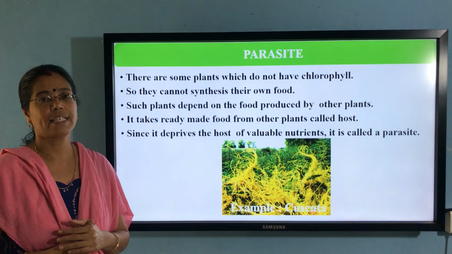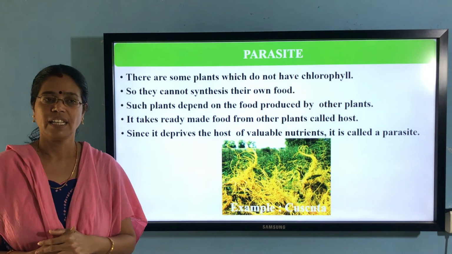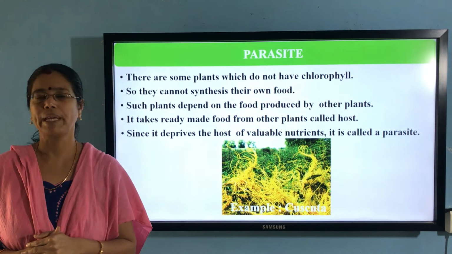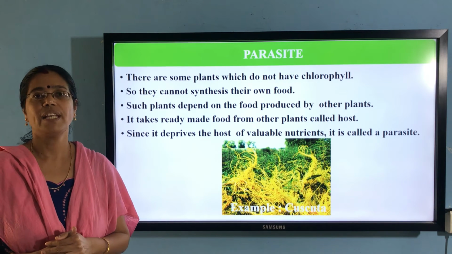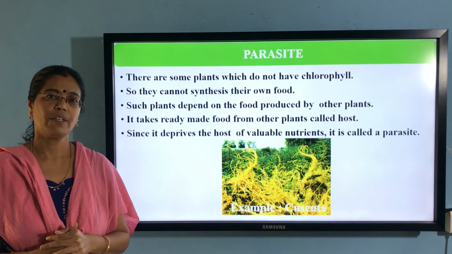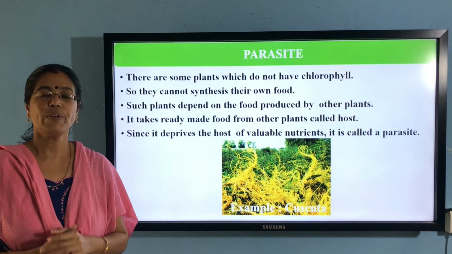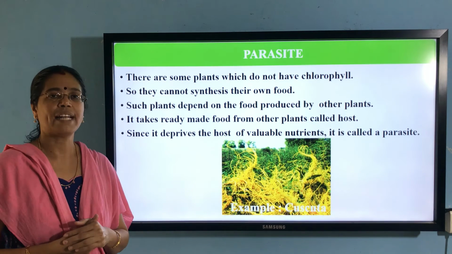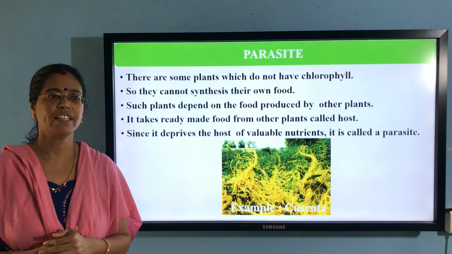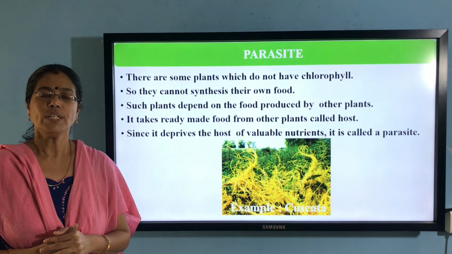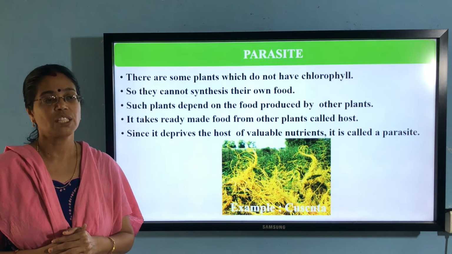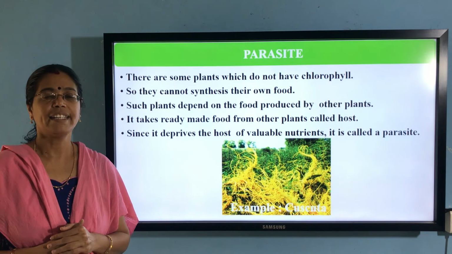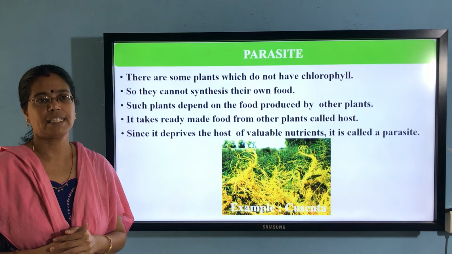The next type is parasite. Some plants do not have chlorophyll pigment in them. You all know the chlorophyll pigment is very essential for the process of photosynthesis. So without chlorophyll, how will the plant get food? How does it derive the nutrients? Such plants climb upon other plants, known as the host plant, and take the nutrients from that plant.